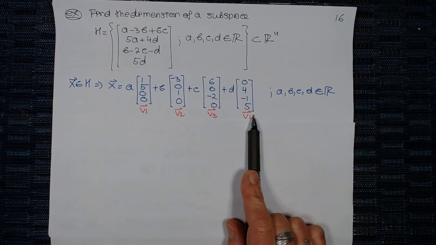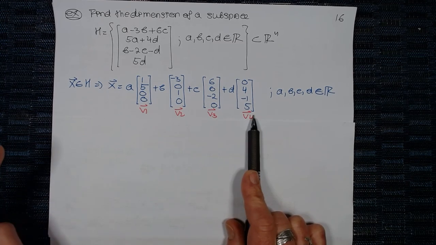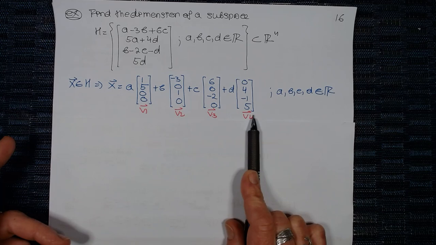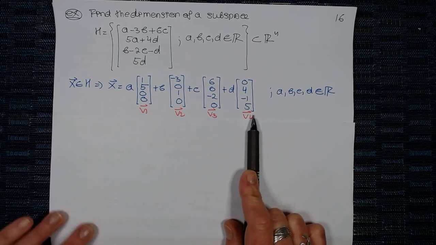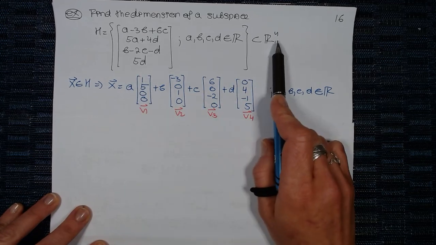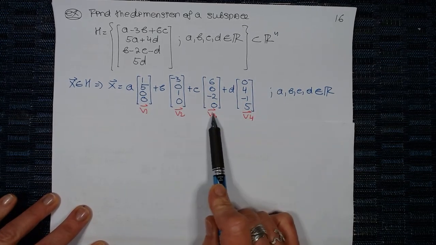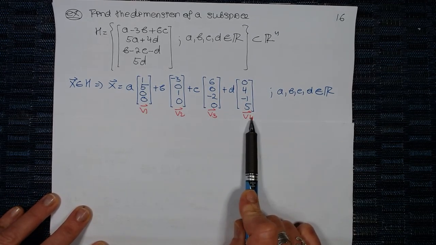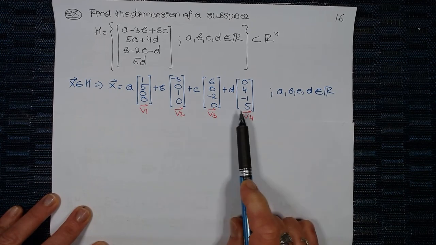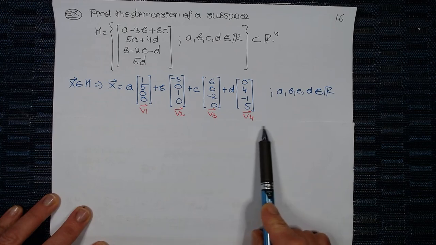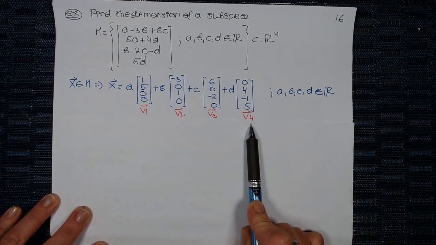But be careful, because yes, the span of those four vectors will be equal to my subspace H of R4. But do those vectors necessarily form a basis? I don't know yet, because remember, for a basis, my requirement is that not only do they have to span my subspace, they have to be linearly independent. Here we have a subspace of R4. If I have all 4 linearly independent vectors, then they will generate a subspace of dimension 4.